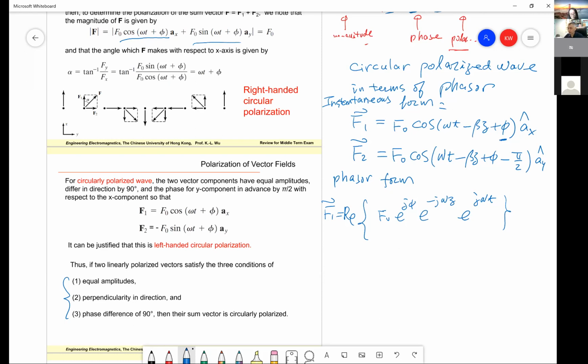Then what is the phasor expression if I keep this in mind? Sorry, this is a beta z.